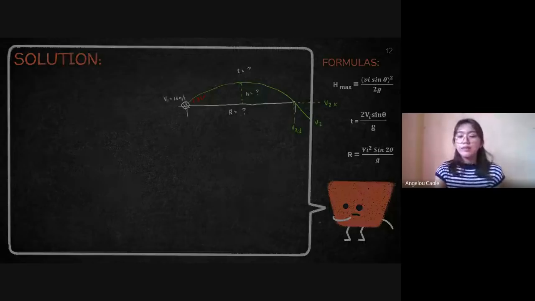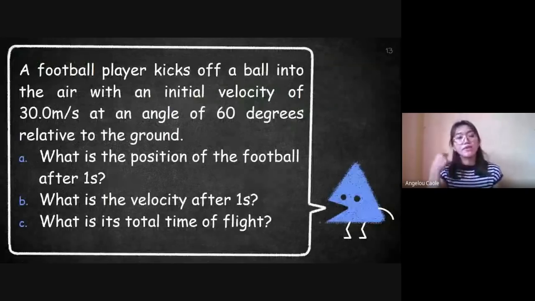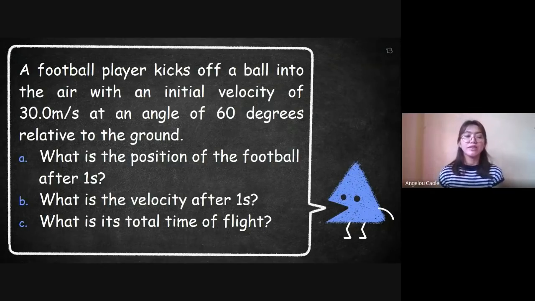Next problem, we have a football player kicks off a ball into the air with an initial velocity of 30 meters per second at an angle of 60 degrees relative to the ground. What is the position of the football after 1 second? What is the velocity after 1 second? And what is its total time of flight? In this problem, we have a given of 30 meters per second and 60 degrees angle.